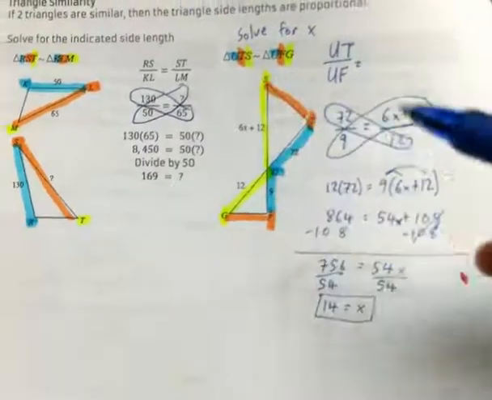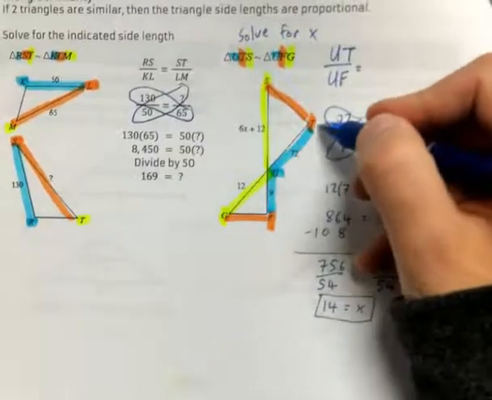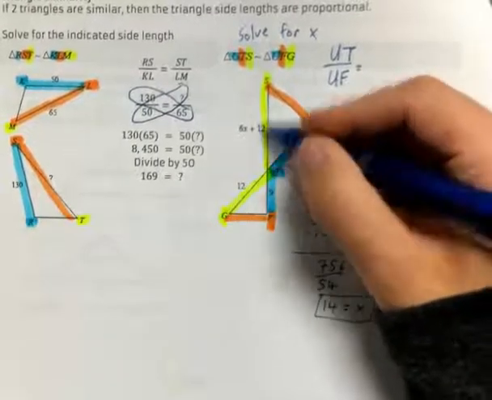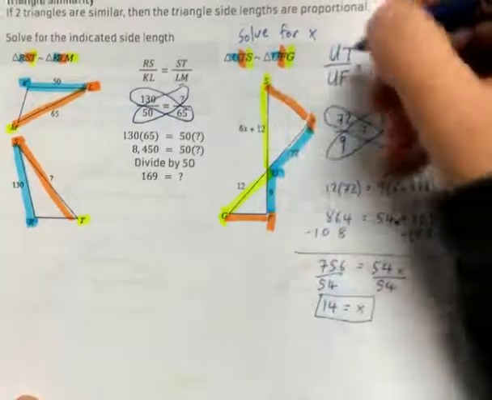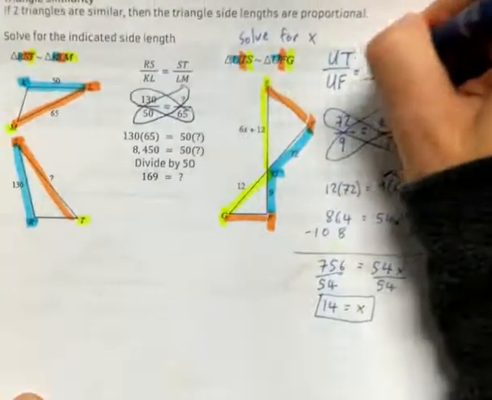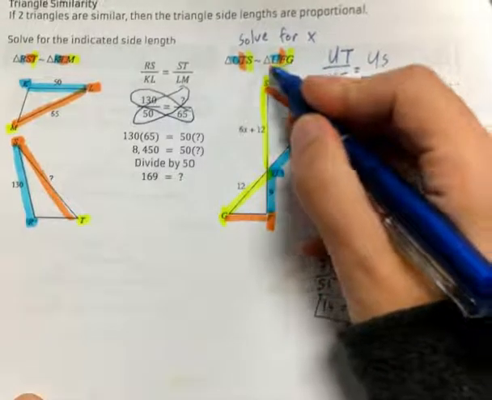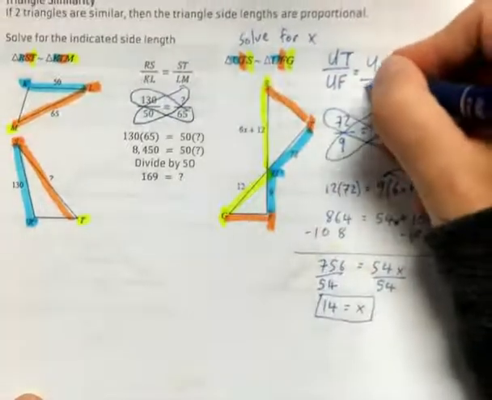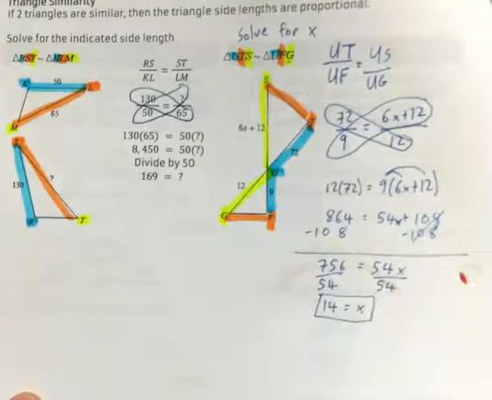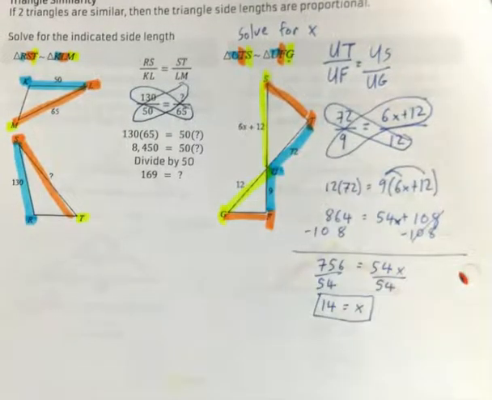Well, that's US. And UT, we mentioned the top triangle first, so let's mention the top triangle here. US divided by UG. See? Right? So if we don't have colors, we can just go based on letters. I like the colors, it helps me to visualize.